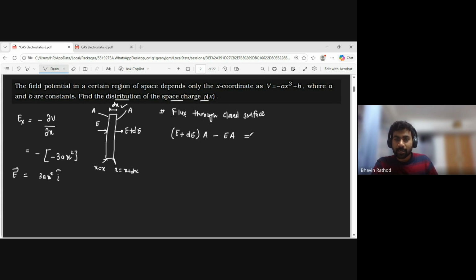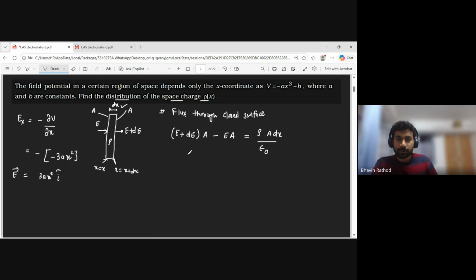According to Gauss's law, that should be equal to the net charge inside divided by epsilon naught. Let us say that at this particular location, the charge density is rho. So we can write this as rho into the volume, which is A into dx, divided by epsilon naught.